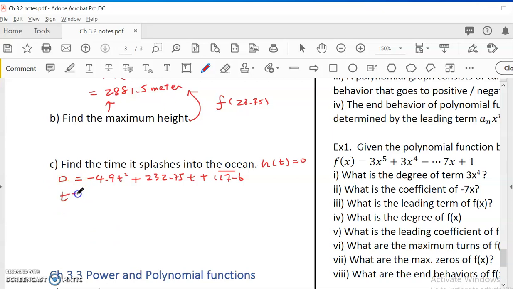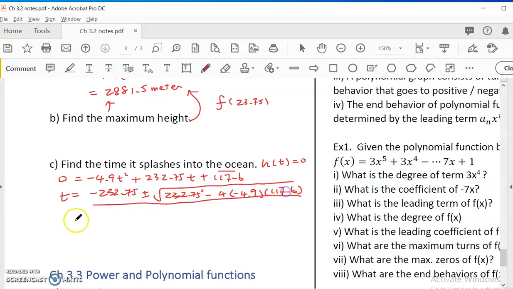So we will say t equal to negative b, negative 232.75 plus or minus the square root of b squared. B squared is this one, right? 232.75 squared minus 4a, negative 4.9, c, 117.6, all over negative 9.8, right?